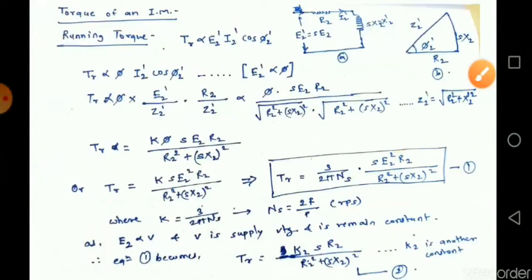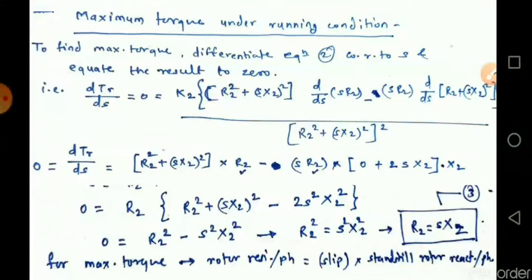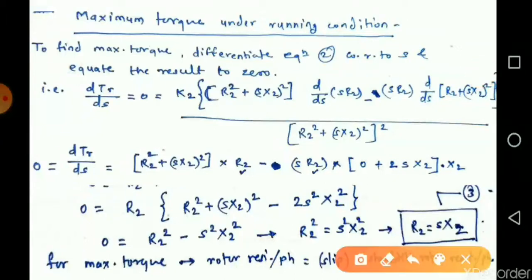So here is equation number 2. In this equation, the slip term is present in the numerator as well as in the denominator itself, so it's like a derivative of a u by v function. So we are going to write this expression as dTr upon ds equals 0, and we take the derivative of equation number 2, which is in the previous slide, with respect to slip.